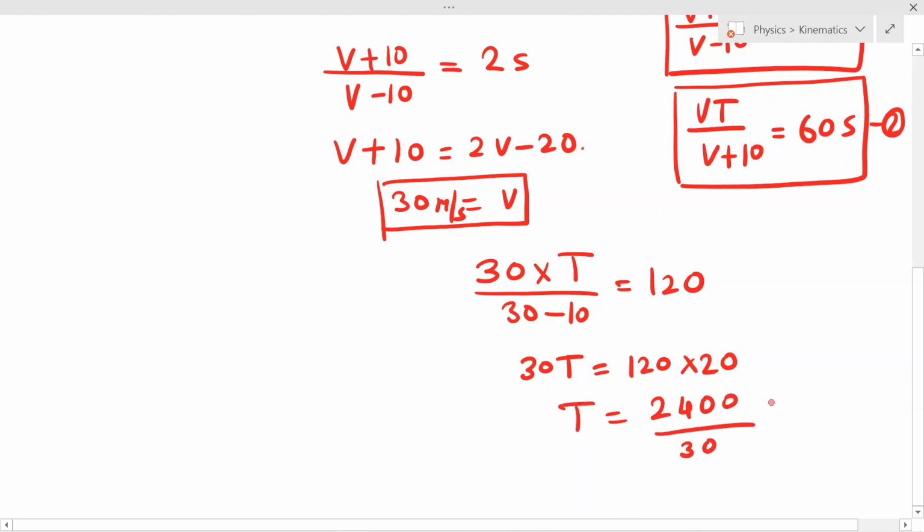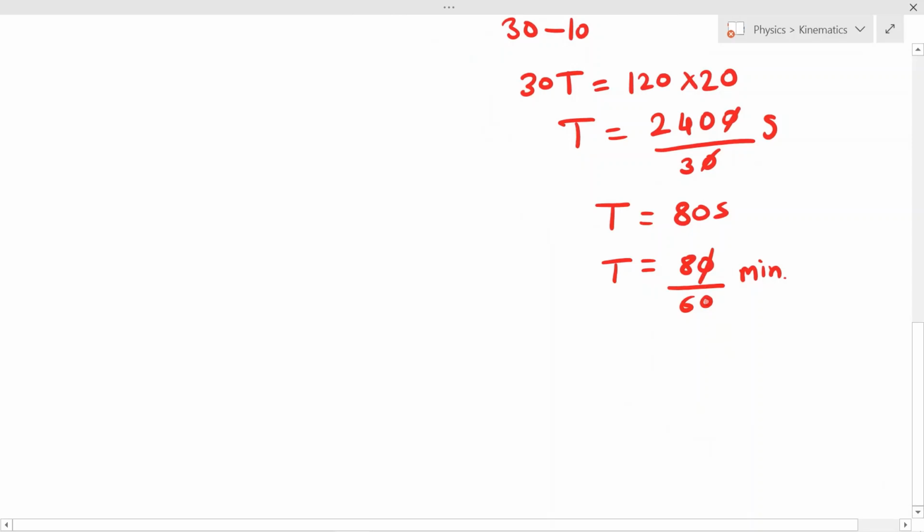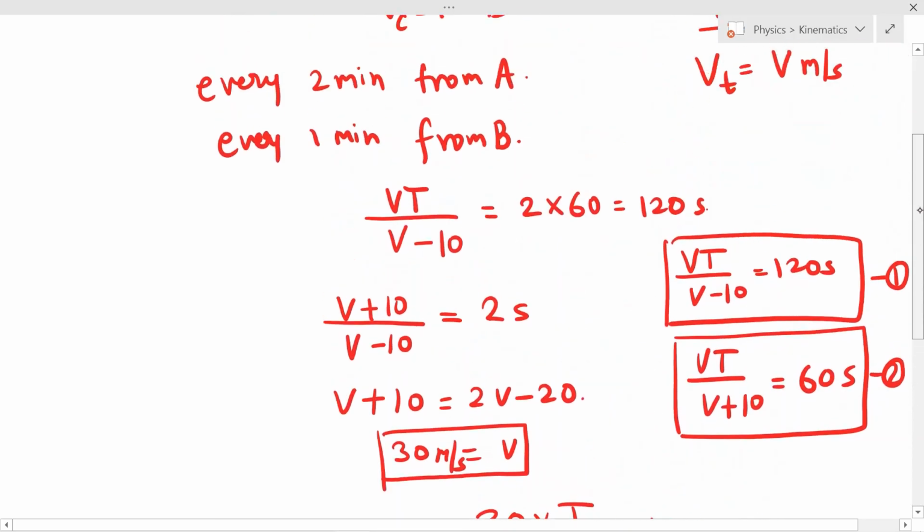So this will be t seconds. Let's cancel this 0. So this becomes 80 seconds. Then in minutes it will be 80 divided by 60, because 1 minute is 60 seconds. So this 0 gets cancelled and then it is 8 by 6 minutes. So every 8 by 6 minutes the cab leaves.